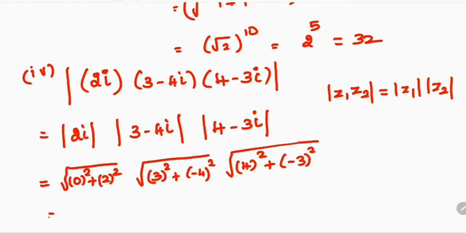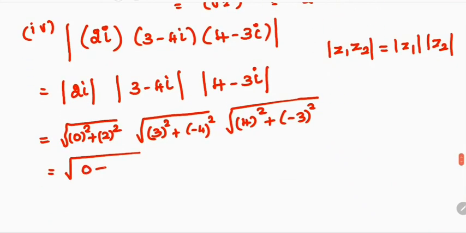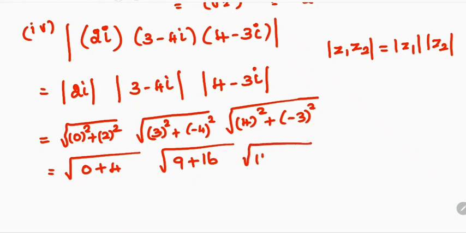So that is equal to the square root of 2 squared, which is 4, so 0 plus 4, into the square root of 9 plus 16, into the square root of 4 squared which is 16 plus minus 3 the whole squared which is 9.